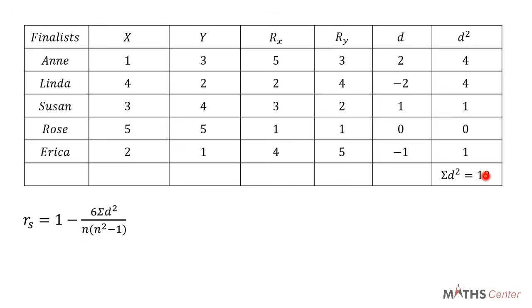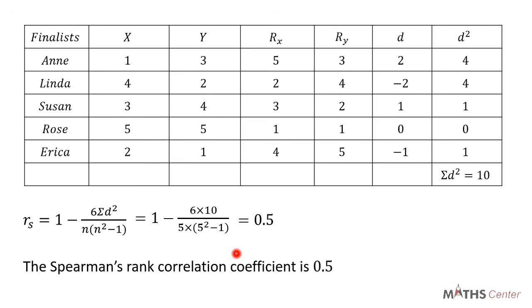We have sigma D squared to be 10, so we substitute that here. When we do that, we have 1 minus 6 times 10 divided by 5 times bracket 5 squared minus 1, and this gives us 0.5. So the Spearman's rank correlation coefficient for the data given to us is 0.5.